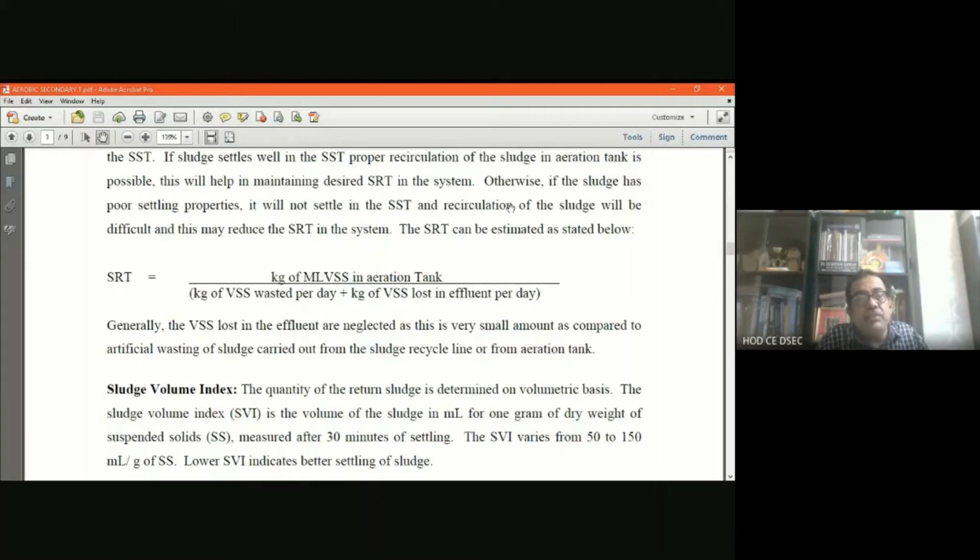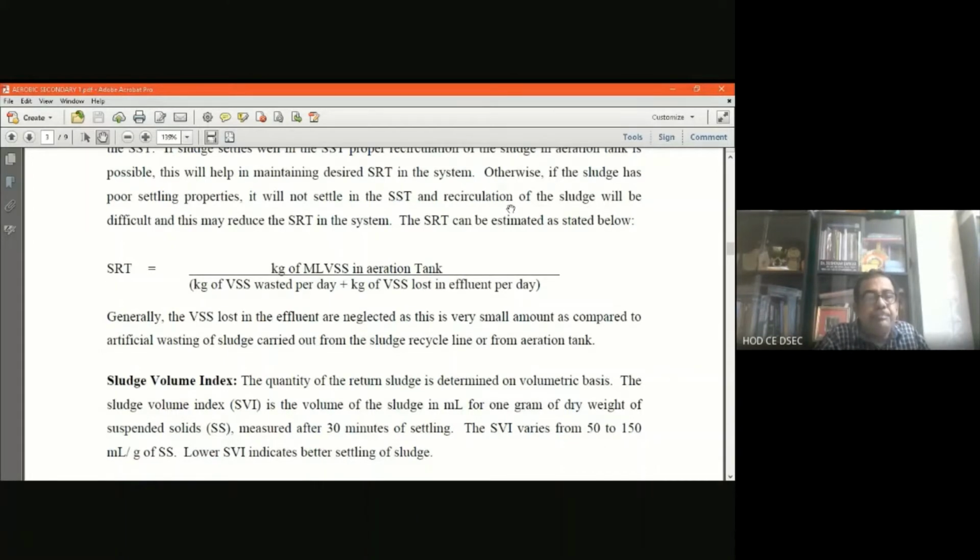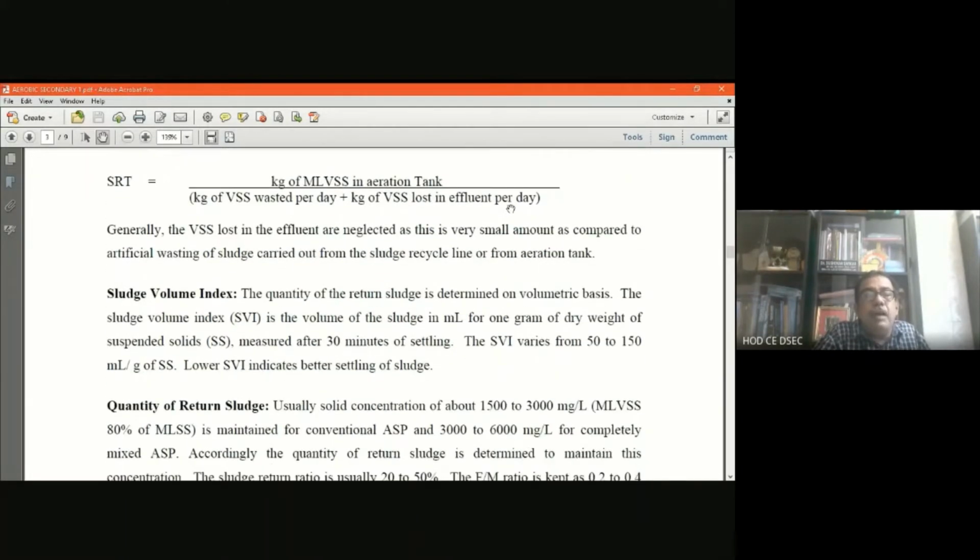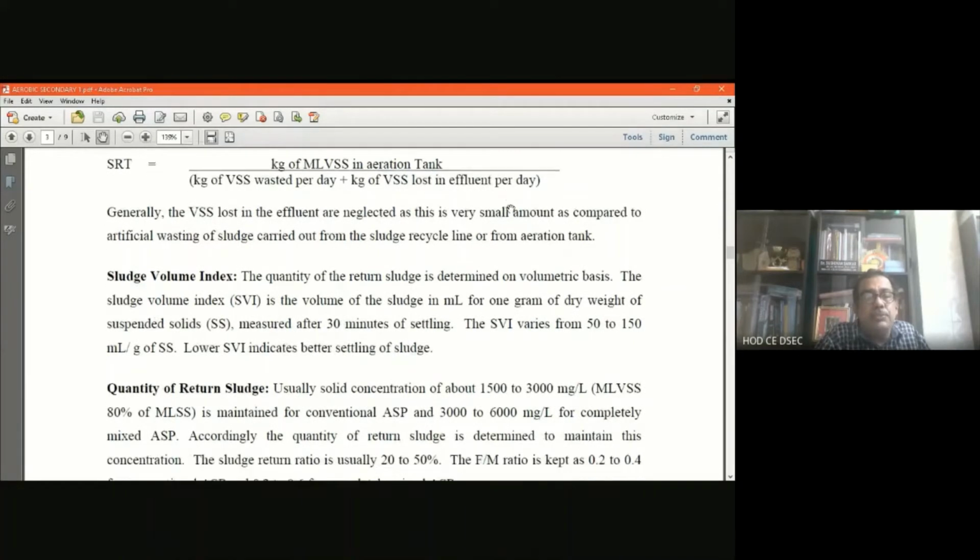Mostly SRT depends on the ratio of kg of MLVSS in the aeration tank divided by kg of VSS wasted per day. That will give the duration of retention of the biomass. Now, the sludge volume index.